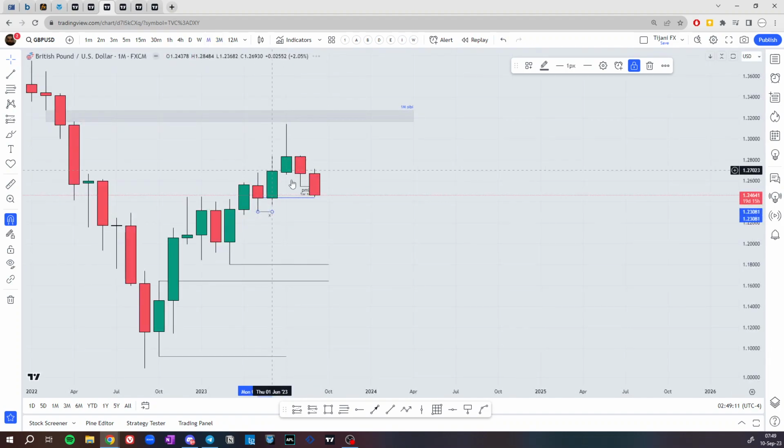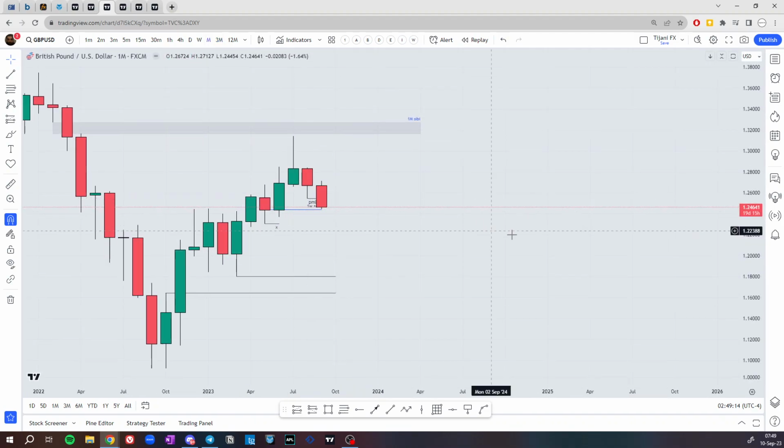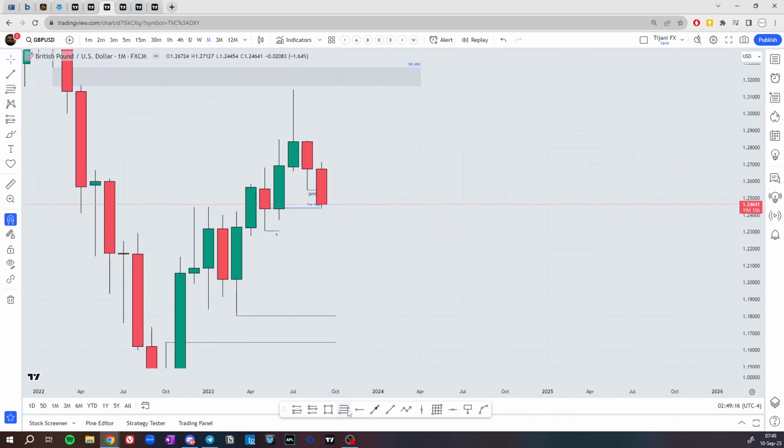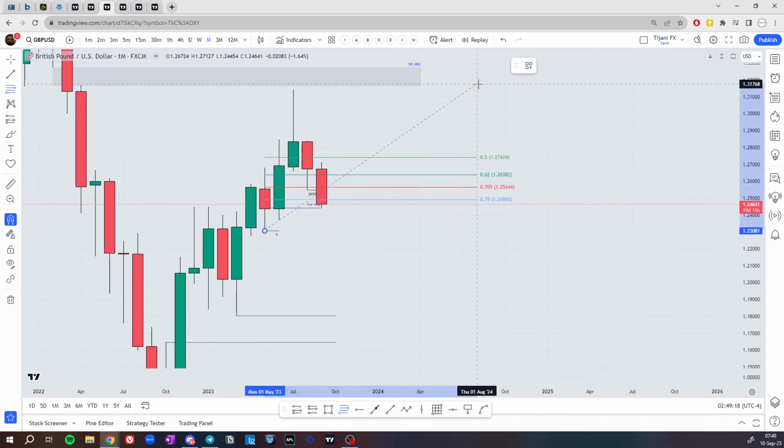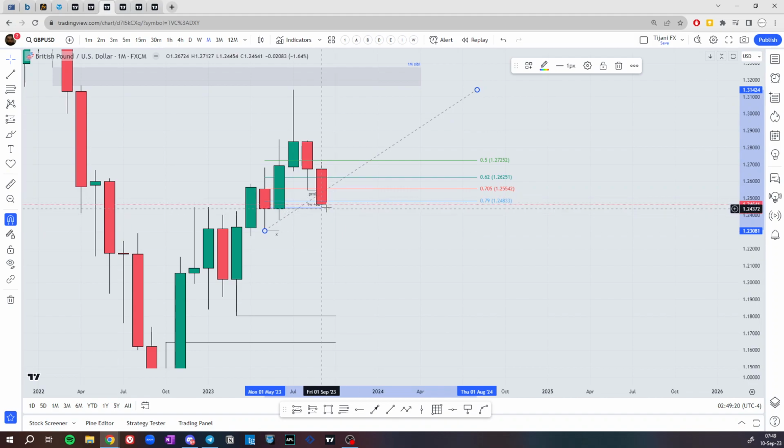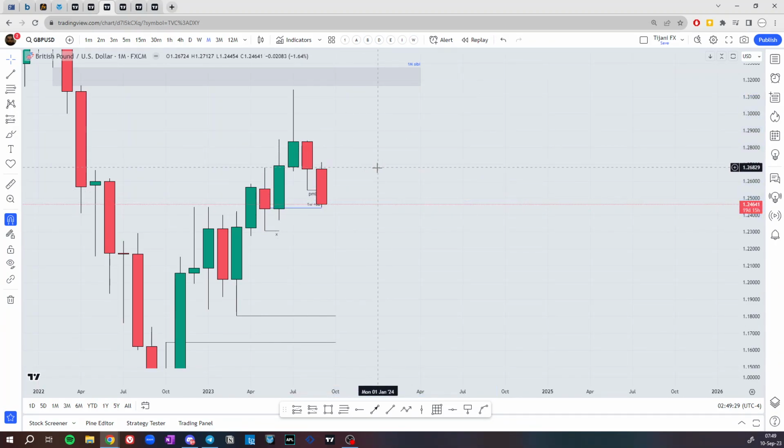On the monthly time frame, the price is still bullish. It's still inside this range here, from this low to this high, and you see price is at discount, filling this monthly order block, and we could see some bullishness from this monthly order block until price checks this high here.